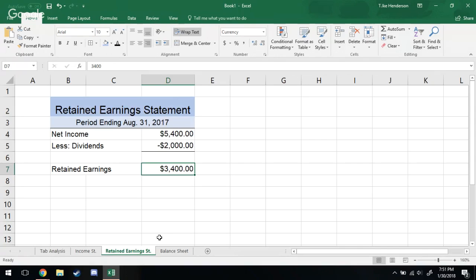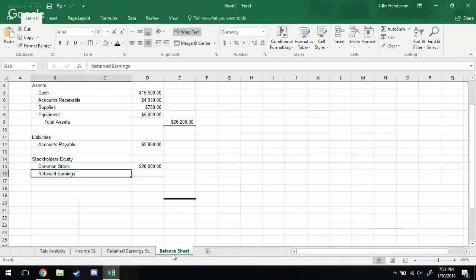Now notice that I did not go back to the tabular analysis for this one. I came to the retained earnings statement. Once again, that was $3,400.